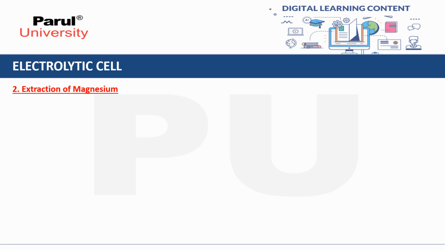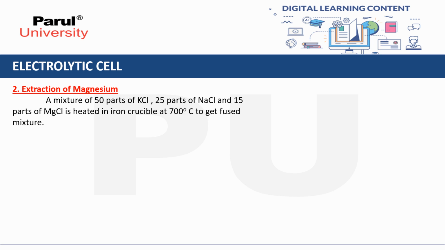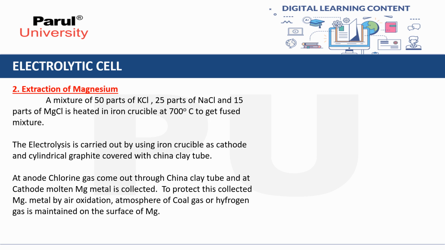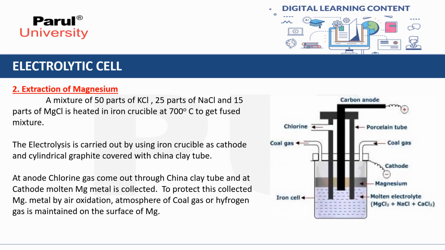Electrolysis is also used in the extraction of magnesium. A mixture of 50 parts of potassium chloride, 25 parts of sodium chloride and 15 parts of magnesium chloride is heated in an iron crucible at 700 degrees centigrade to get a fused mixture. The electrolysis is carried out by using the iron crucible as cathode and cylindrical graphite covered with a china clay tube as anode, as shown in the figure.